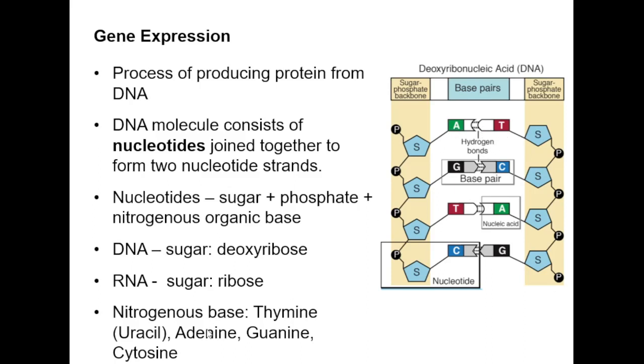A represents your adenine, T represents thymine, G represents guanine, and C represents cytosine. So here, we're able to infer that there is a pairing that happens. A, or adenine, always pairs up with thymine, while guanine always pairs up with cytosine. So those are the pairing. A is to T, while G is to C.